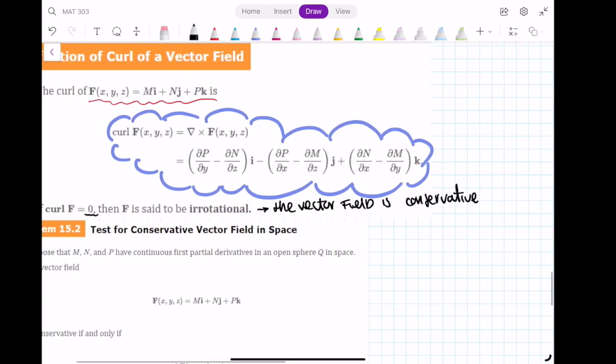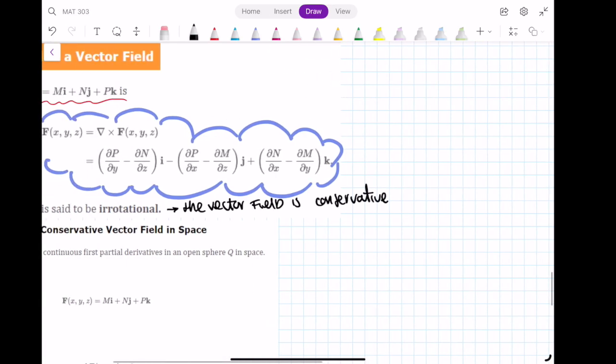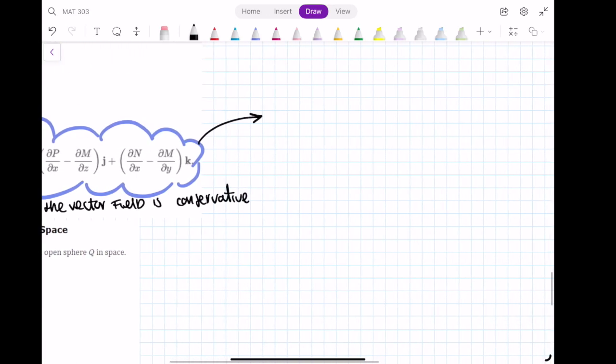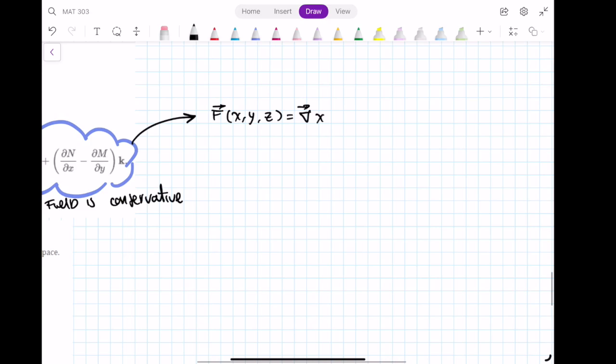In other words, we can rewrite this whole equation and say that f of x, y, and z is equal to the gradient times, sorry, this is a cross product because both are vectors, right?